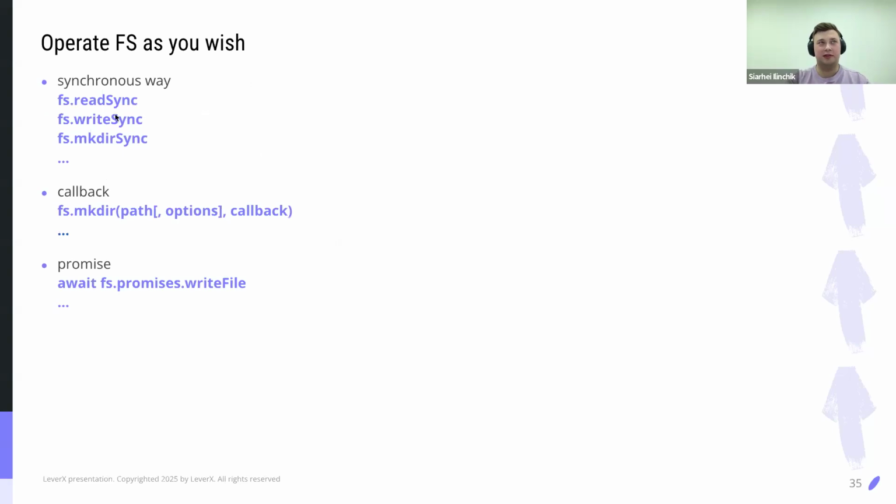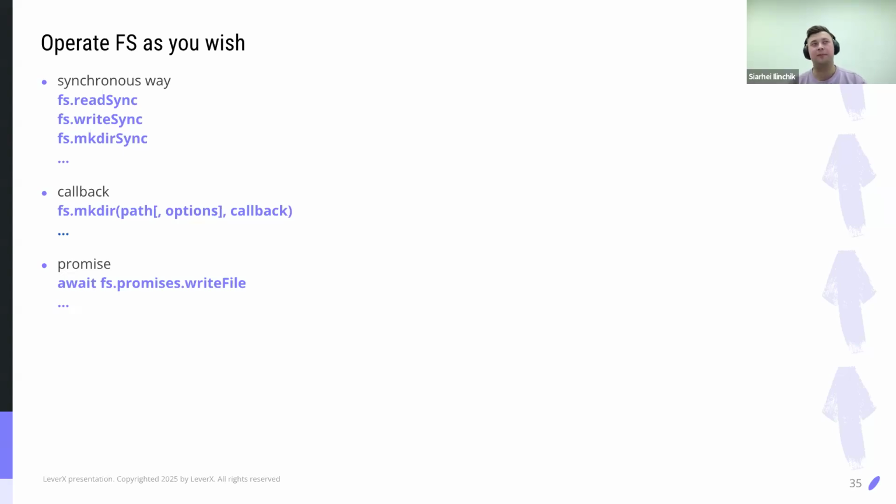Node.js provides you with 3 types of file system API. The first one is synchronous. If you use the synchronous API, you'll block your execution and it will wait until your file is being read or written to. Then you have 2 ways to use the asynchronous API, and this won't block your execution anymore.